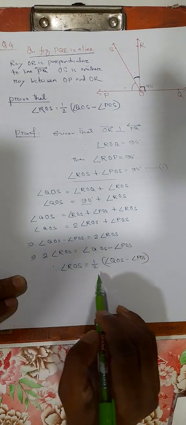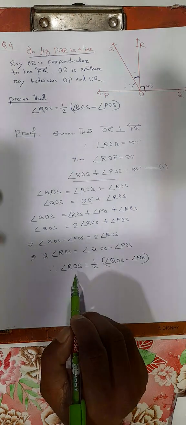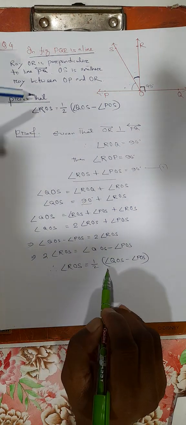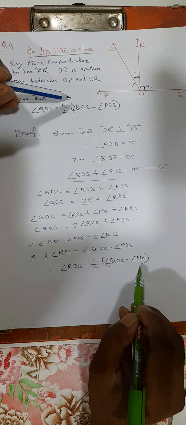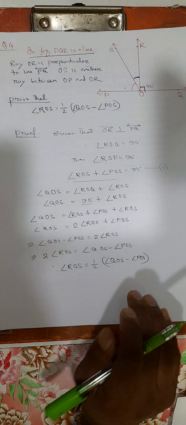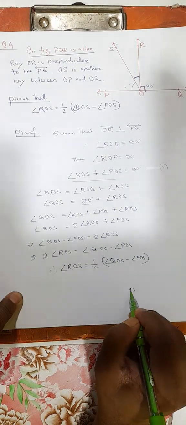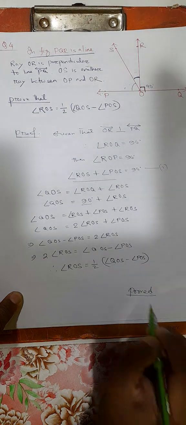Dividing both sides by 2, we got it, right? So this was to be proved, angle ROS equal to half of angle QOS minus angle POS. Hope you understood this one. So this is proved.